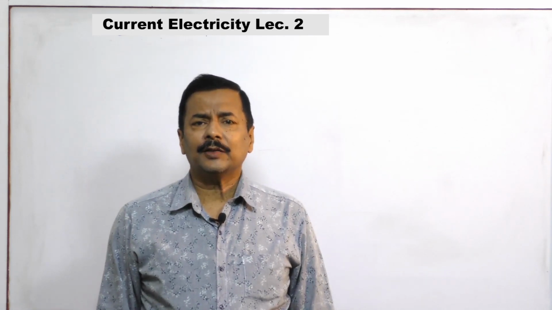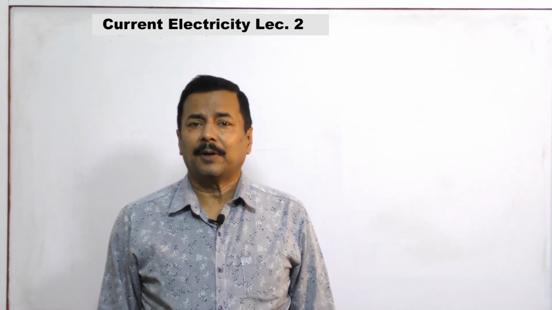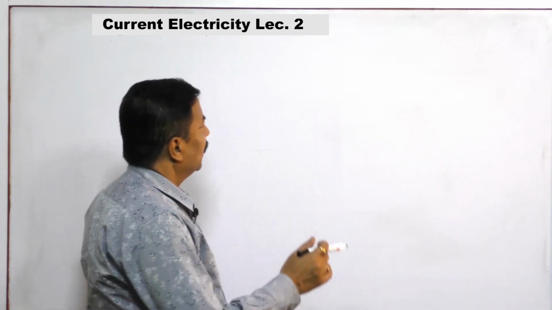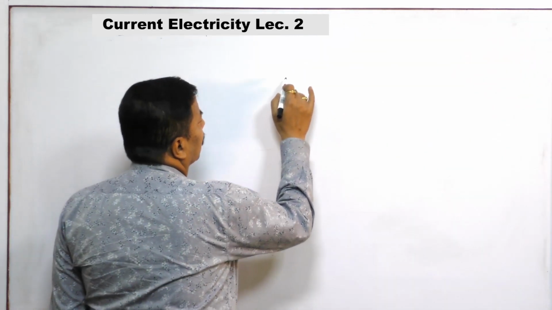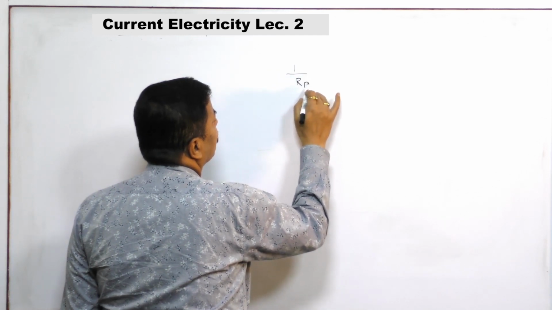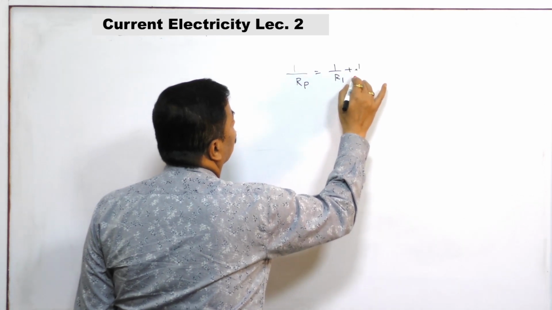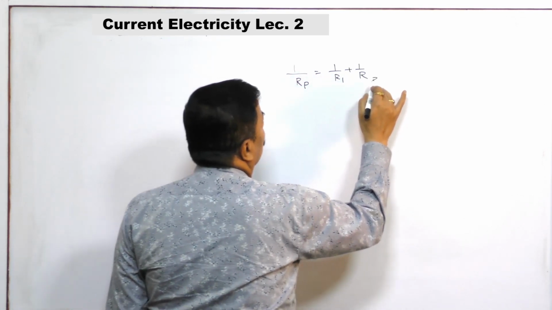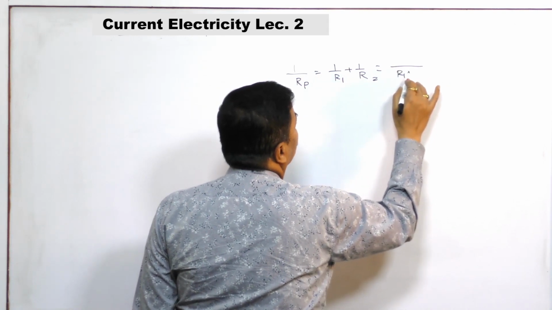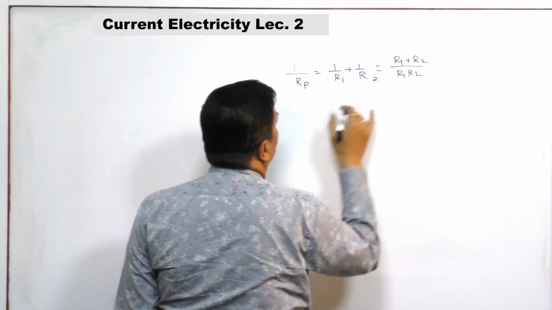Now in case of two resistors, the formula has to be remembered so that you can solve the question easily and confidently. See, in parallel combination, the equivalent resistance of two resistors is given by 1 by Rp equals 1 by R1 plus 1 by R2, that is R1 plus R2 by R1 R2.